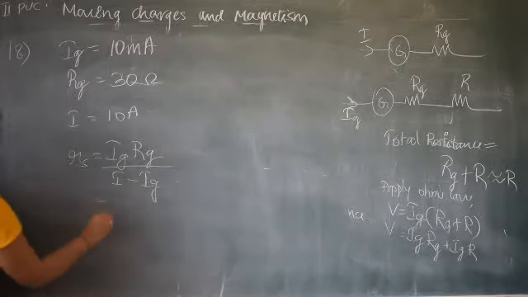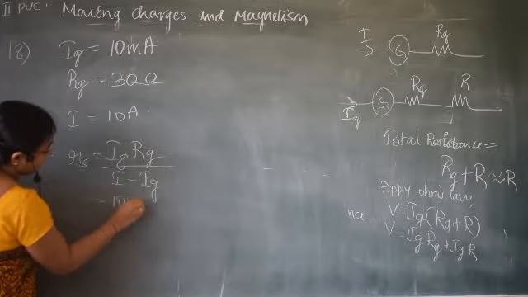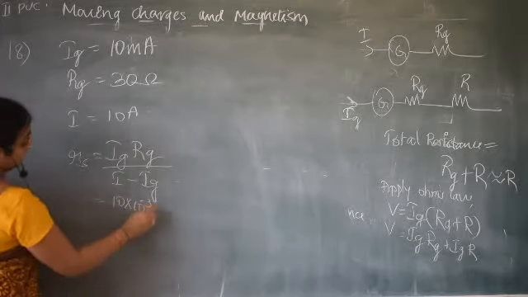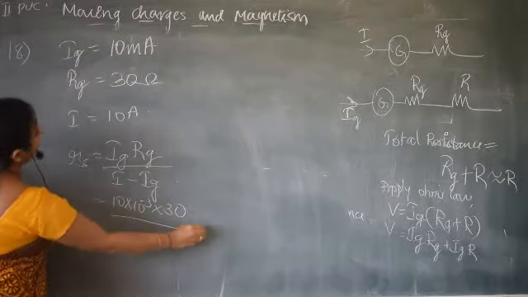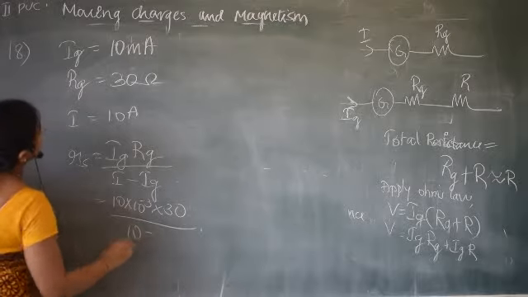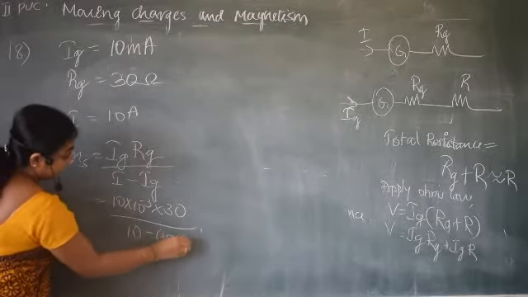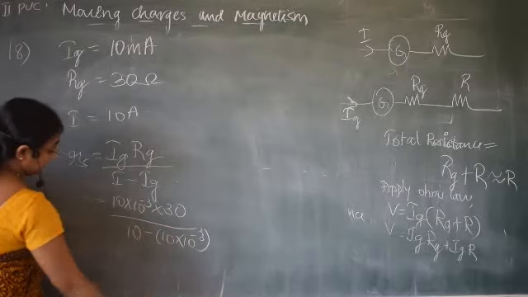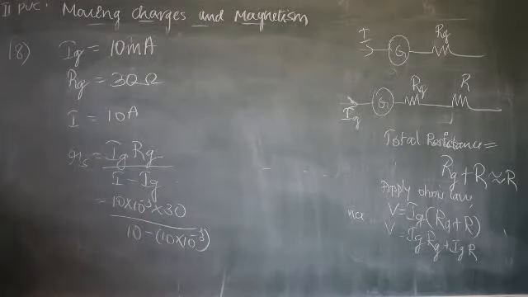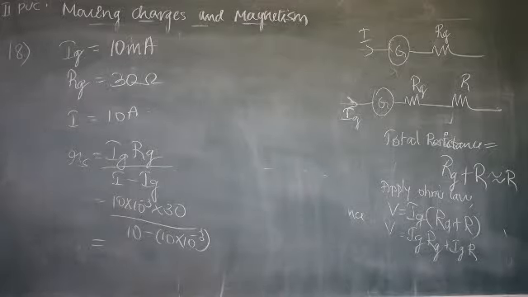Ig is 10 milliampere, Rg is 30, I is 10, minus Ig, which is 10 into 10 to the power minus 3. Substitute and calculate. What is the answer you are getting? It is equal to 0.03 ohm, correct?